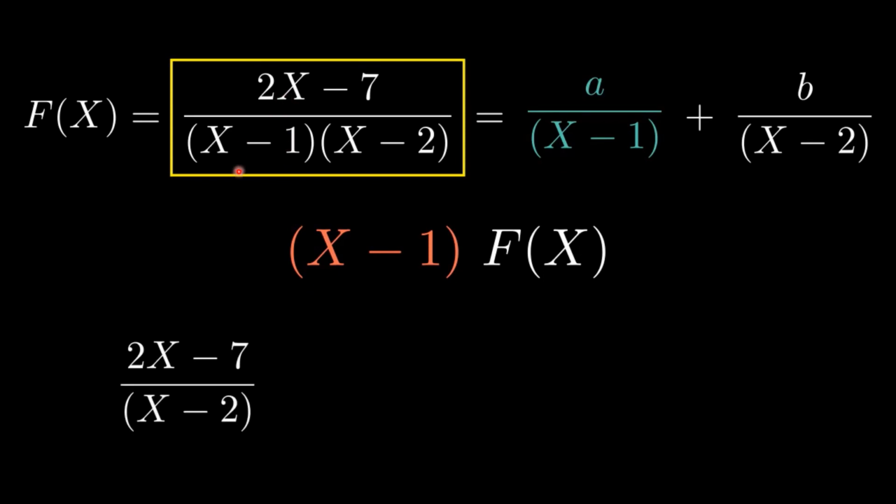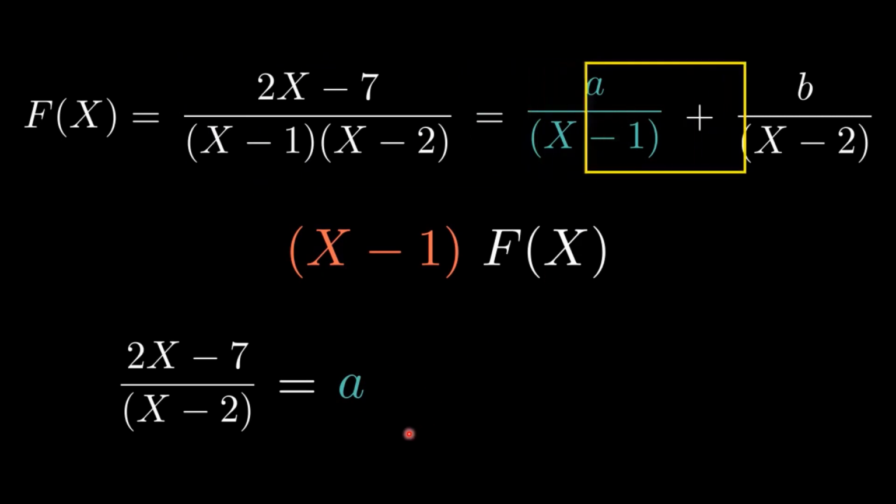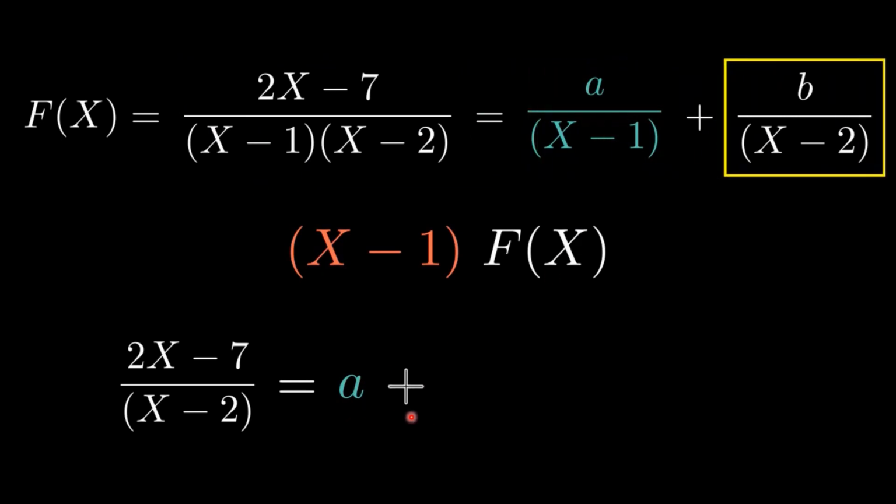So here we eliminate x minus 1 for the first term on the left side, and when we multiply by x minus 1, we simplify by x minus 1. Here we get a plus this term times x minus 1.